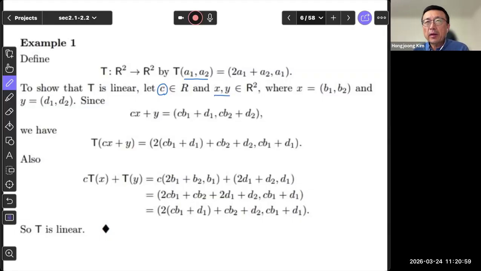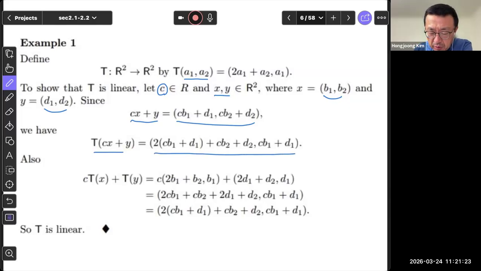When I say two pairs in R2 space, x has two coordinates, say b1 and b2, and y has d1 and d2 coordinates. Then cx plus y will define this pair so that its image is given by this.